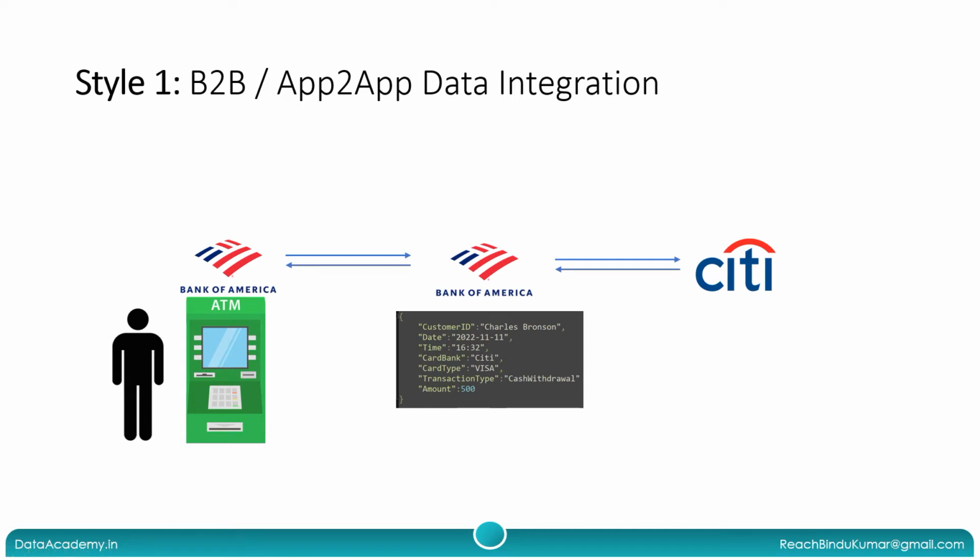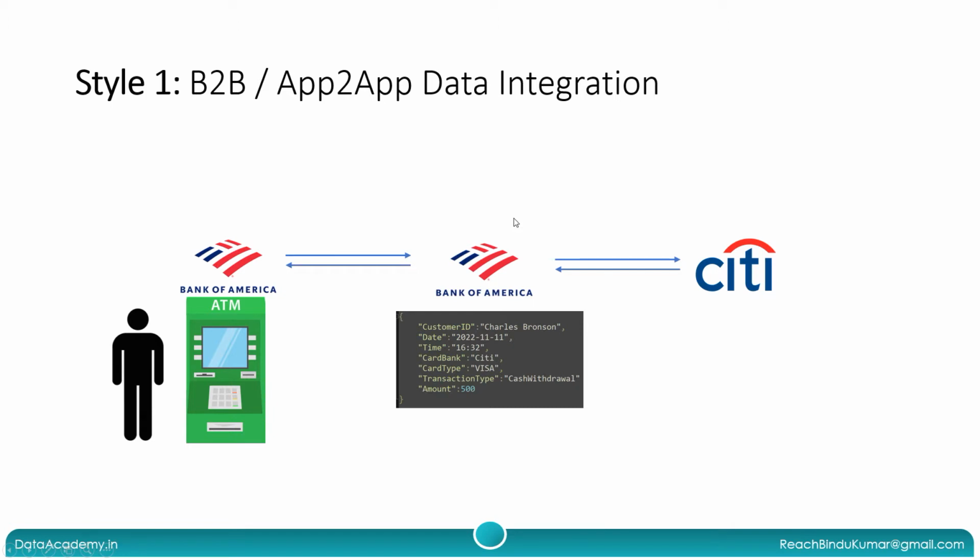It's a way of saying, hey, look, there is a person using my ATM, but the card belongs to you. Is this a valid transaction? Then the server in Citibank responds to this message, which looks something like this, saying it's verified, it's a verified person.